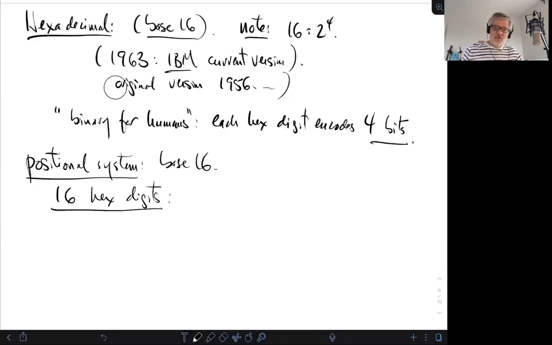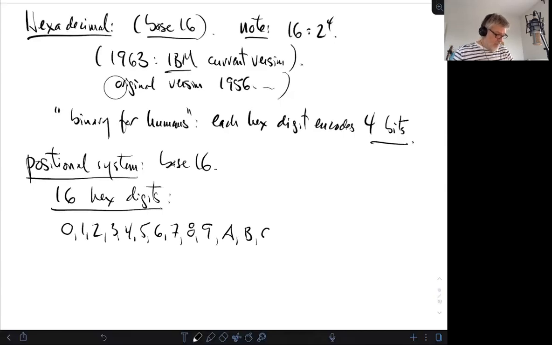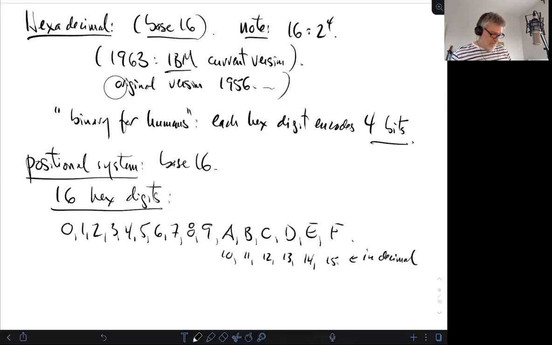Okay, but in decimal we have fewer digits, so we need to introduce some new ones here. So what are they? Well, 0, 1, 2, 3, 4, 5, 6, 7, 8, 9, and then the convention is we use capital A, B, C, D, E, and F. In decimal, these are 10, 11, 12, 13, 14, and 15.